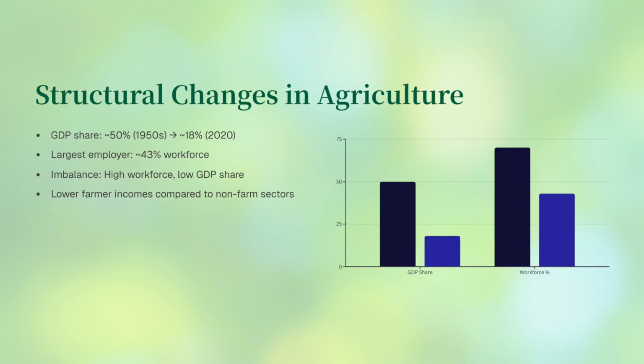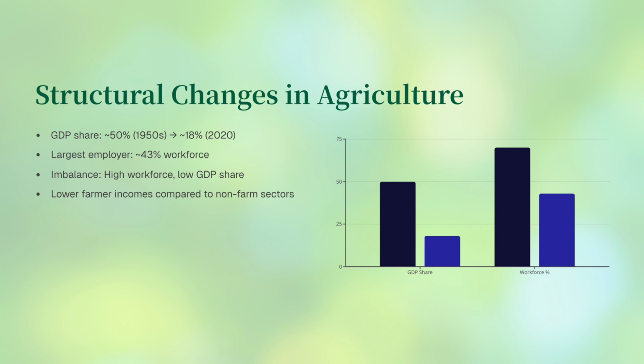Yet, we observe a paradoxical trend. The structural share of agriculture in India's GDP has significantly declined from over 50% in the 1950s to around 18% in 2020. What explains this decline despite increased production?